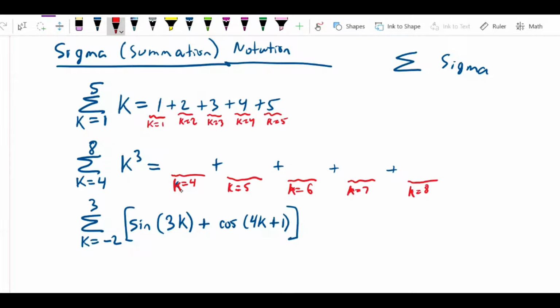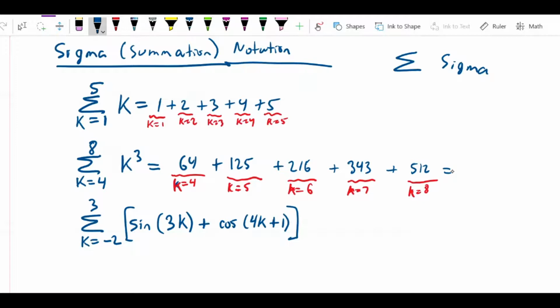So every place that you see k equals 4, we're going to replace it with 4 cubed. When we see k equals 5, we're going to replace it with 5 cubed. So 4 cubed is 64, 5 cubed is 125, 6 cubed is 216, 7 cubed gives us 343, and 8 cubed is 512.